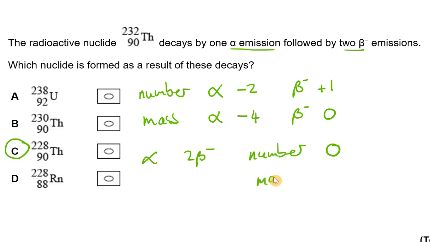And the atomic mass, again, the alpha will give me minus 4, 2 beta minus is no change, so the atomic mass will be 4 different. So the atomic number we need to be 90, and the atomic mass we need to be 288. So there's your answer, which is answer C.